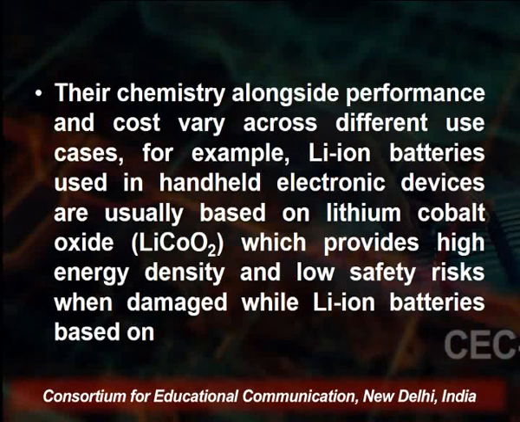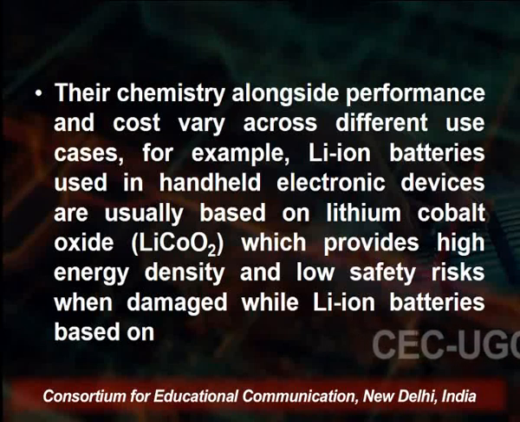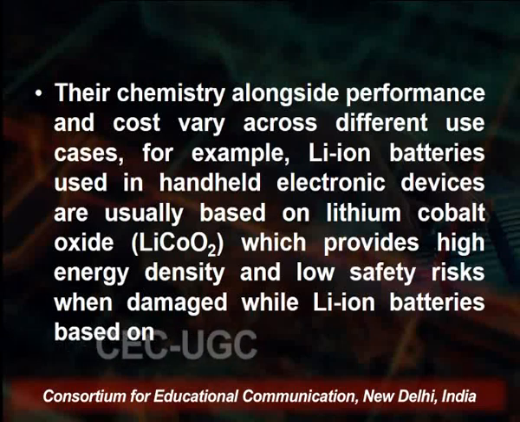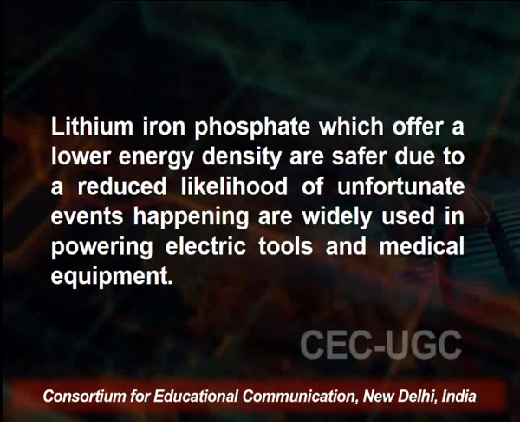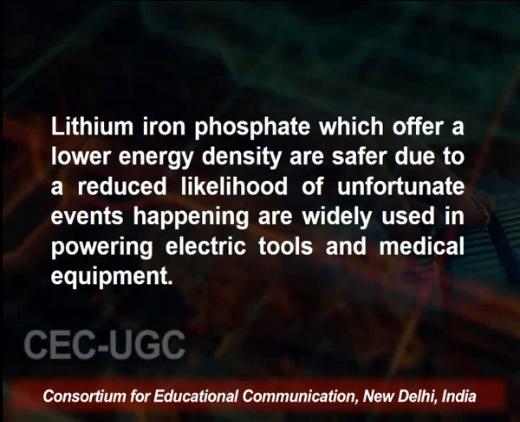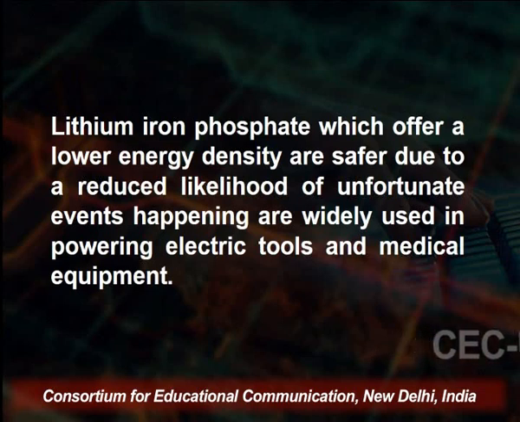For example, lithium ion batteries used in handheld electronic devices are usually based upon lithium cobalt oxide, which provides high energy density and low safety risk when damaged, while lithium ion batteries based upon lithium iron phosphate offer lower energy density and are safer due to the reduced likelihood of unfortunate events, and are widely used in powering electric tools and medical equipment. So these are the basic applications of the lithium battery, depending on the type and chemical composition we use.